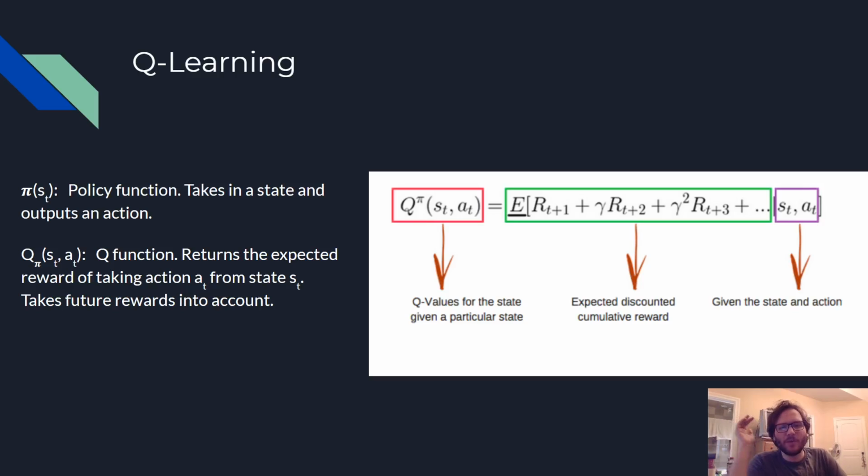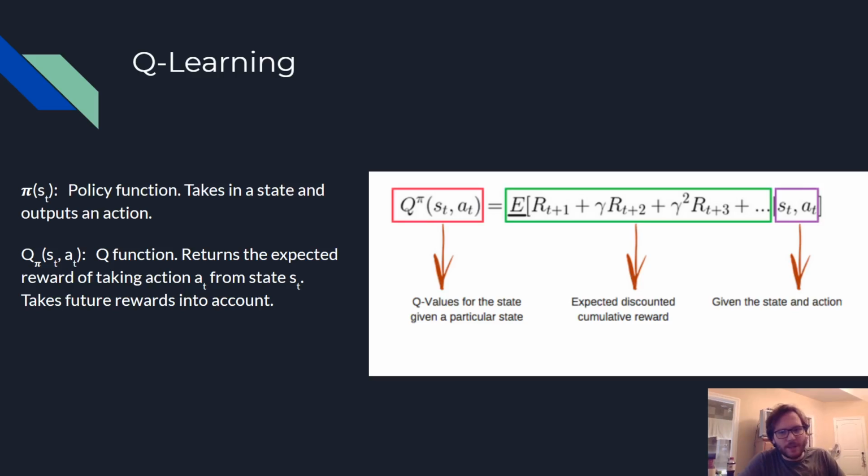So we care much more about rewards soon. But we do care about future rewards. And that function, the expected value of R t plus 1 plus gamma R t plus 2, and so on, given state t and action t, that is what we are modeling with our neural net.